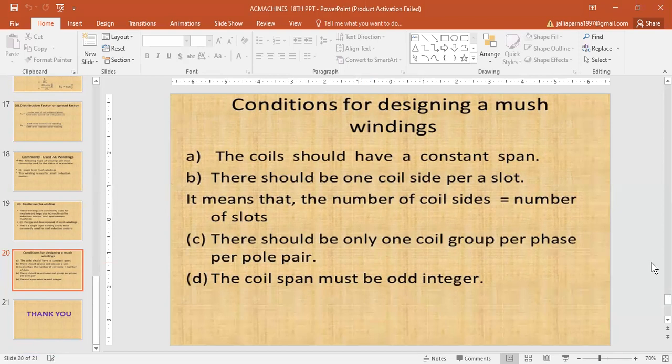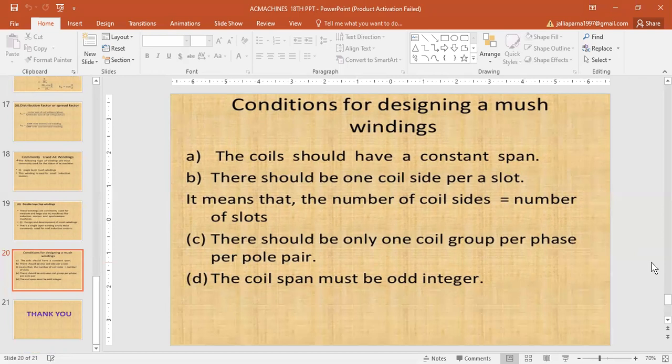The effect of the pitch factor: for a full pitched coil the pitch factor Kp is equal to 1, and for a short pitched coil Kp is less than 1. This factor can be used to reduce or eliminate a specific harmonic frequency in the generated voltage waveform.